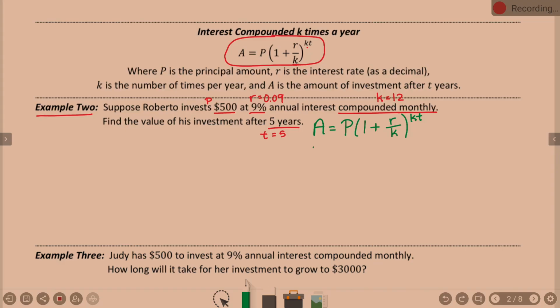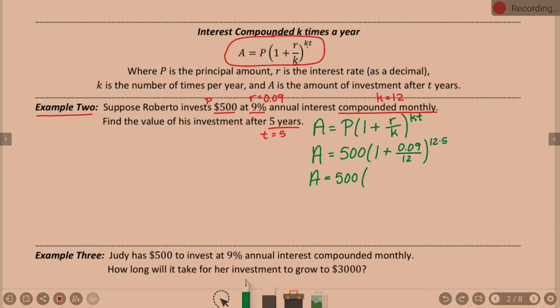P, you guys told me is 500. 1 plus R, 0.09, over K, which is 12, raised to the KT, 12 times 5. Now, in reality, can you just punch this into the calculator as is? Yeah, we have fancy calculators, you can do that. If you want to do a little bit of cleanup first, you could.